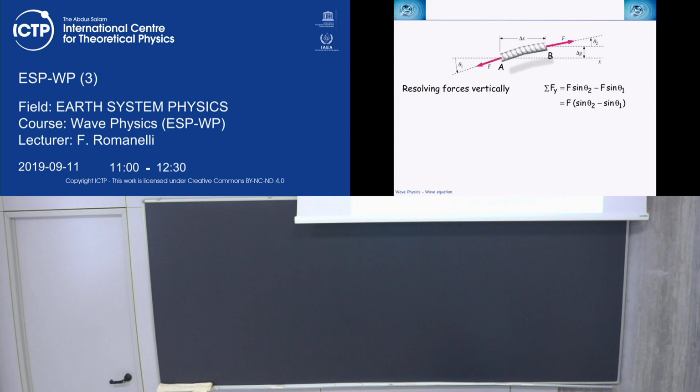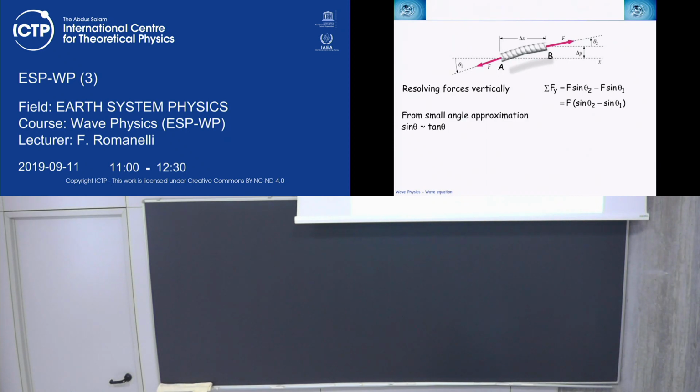You would say, okay, let's imagine that the angle is small so that the sine is like the angle. Or yes, but we will also imagine that the tangent, which is the ratio between the sine and the cosine, is practically the sine, is practically the angle. Why the tangent? We will see.